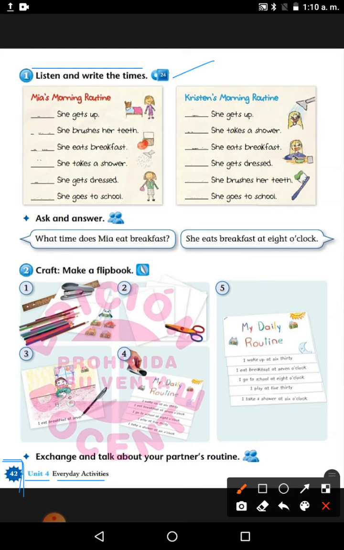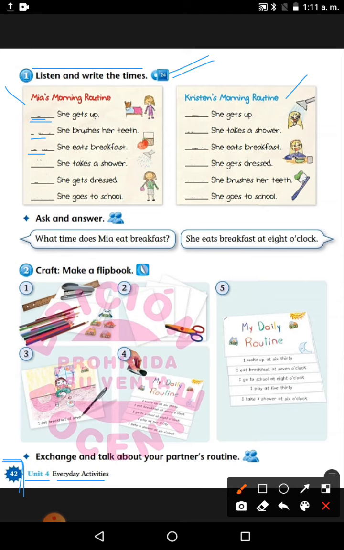You are going to listen carefully to Mia's morning routine and Kristen's morning routine. You have to write the times, okay? According to the activity. So, if you listen in the audio track that Mia gets up at 7 a.m., here you are going to write 7 a.m. It's only an example.